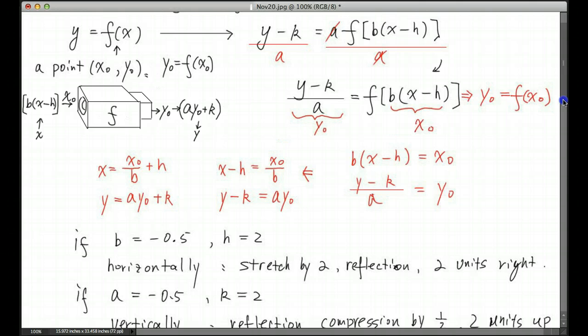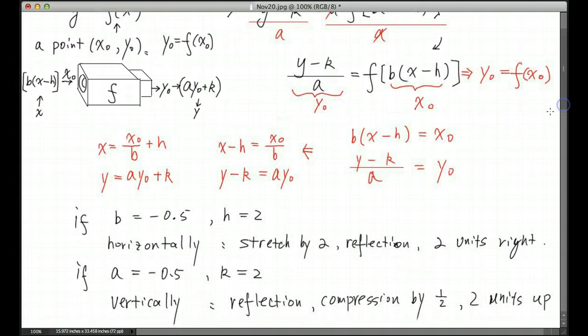And if you look at the vertical direction, if we make a equal negative 0.5 and k equals 2, then a multiplies the original y coordinate. Because it's negative, you can also see there's a reflection, and then compressed by a factor of 2. But the order between the reflection and the compression doesn't matter, because they're both multiplication, so you can switch the order.